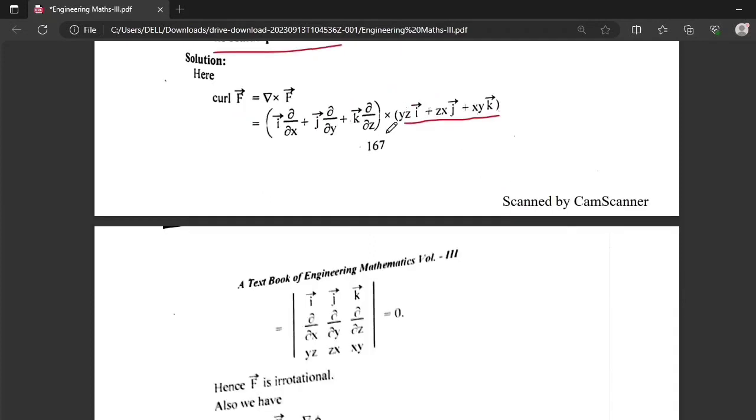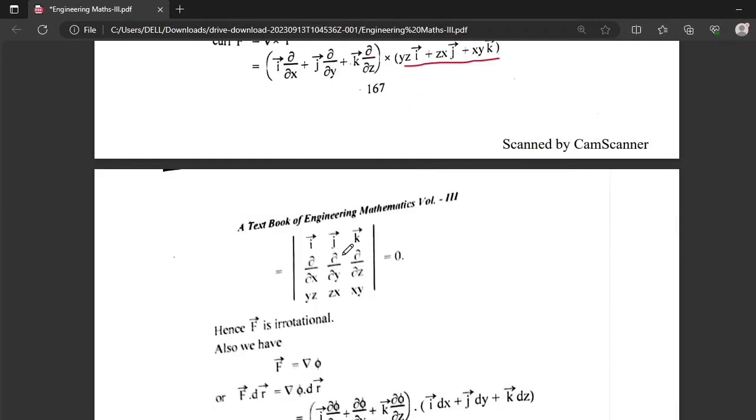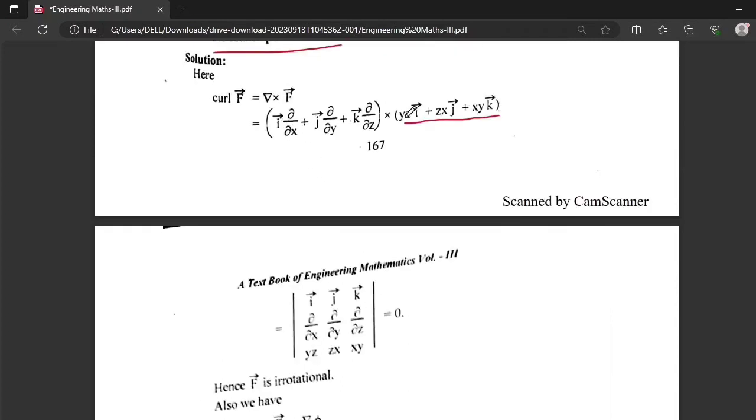Now it is a cross product, so we write in determinant form: i, j, k in the first row, del/del x, del/del y, del/del z in the second row, and in the last row we write yz, zx and xy.